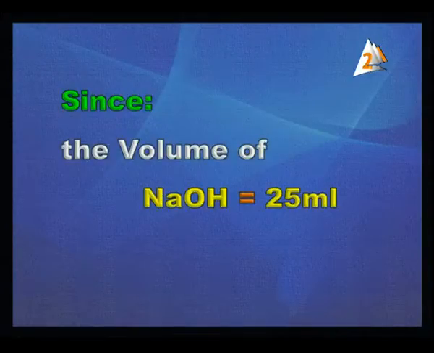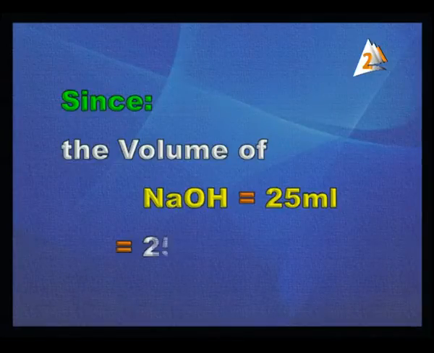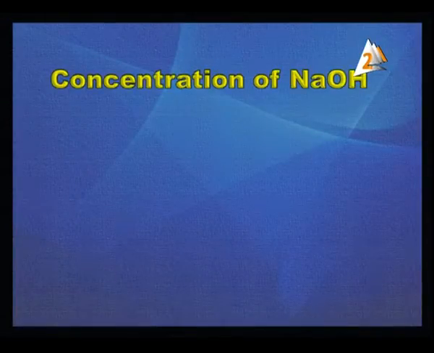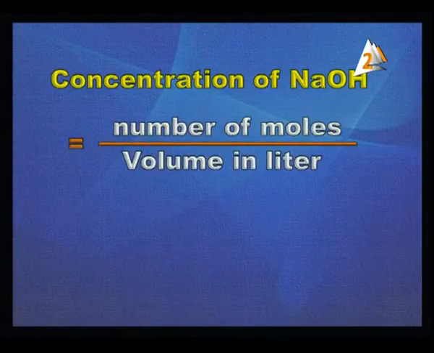We can say, since the volume of NaOH equals what? 25 milliliter. You have 25 by 10 power negative 3 liter. Good, and great. After that, the concentration of NaOH will be the number of moles per volume in liters.